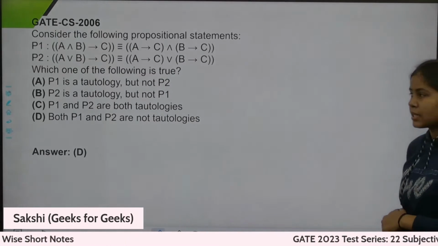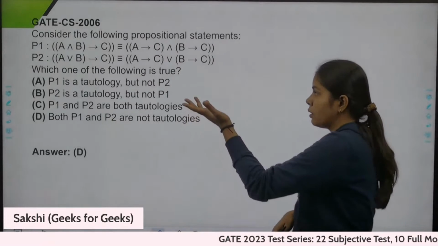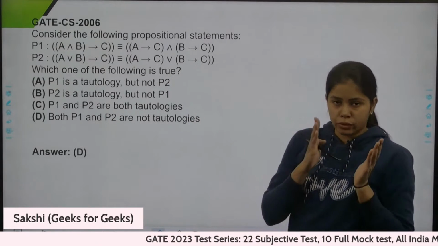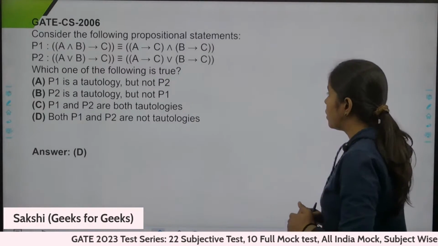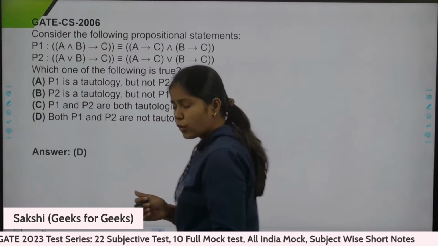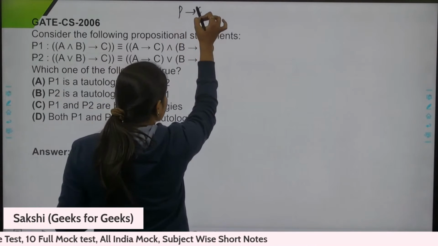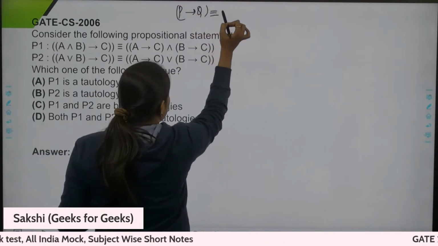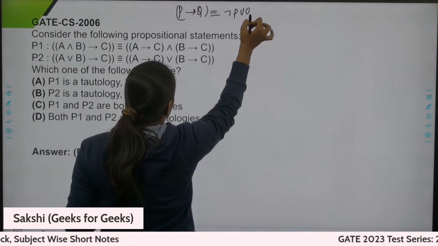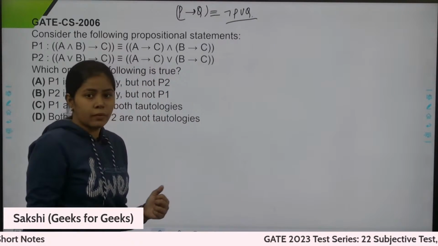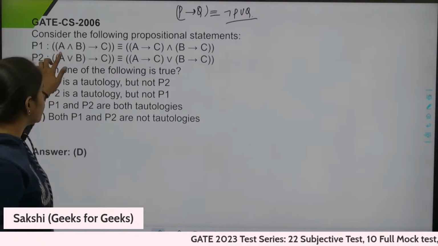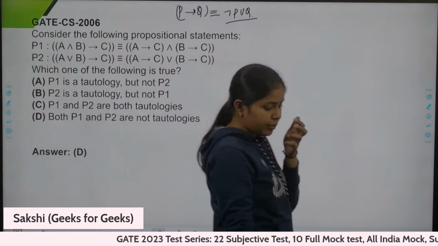We'll have 8 cases, and we have so many connectives here, so we have to work on each connective. So what would I do? If you remember, we have the implication law which says that P implication Q is equivalent to negation P or Q. So I'm going to use this. Let's see the P1 statement's left hand side.